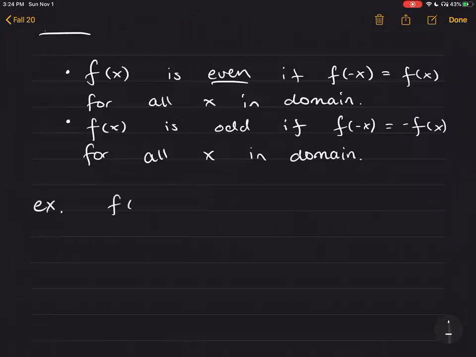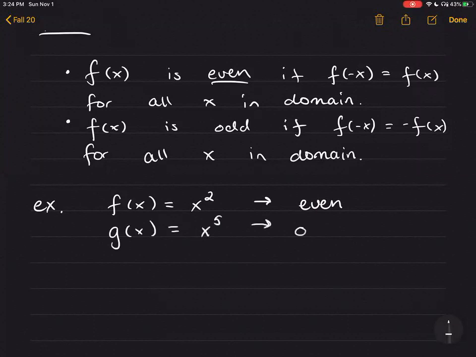If I do f of x equals x squared, that is going to be even. And you can see that because every time you plug in a negative number, the x squared is going to be negative times negative, which will shoot it to a positive number. So it's an even function. And then if we look at g of x equals x to the fifth, that's an example of an odd function. And you can check that on your own.